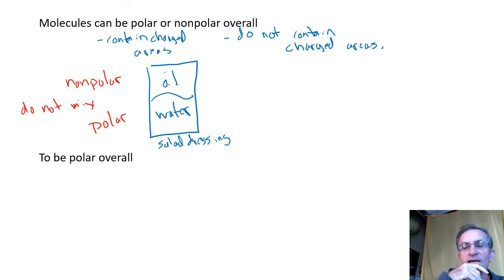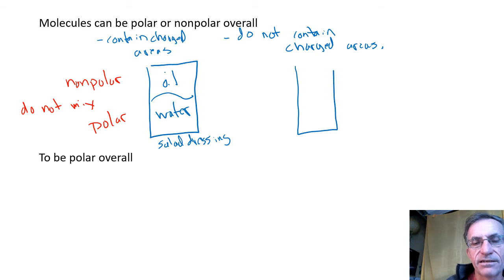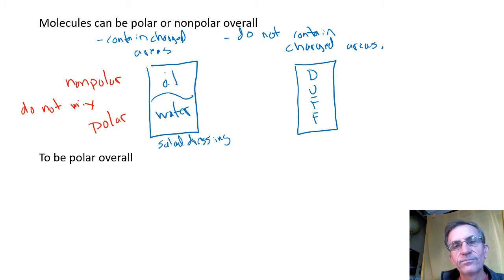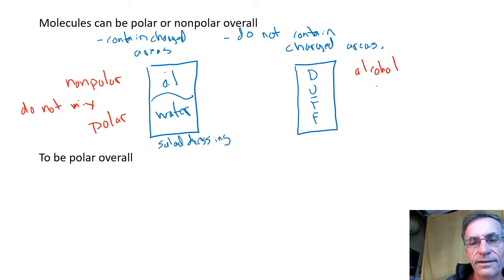All right. So there's plenty of things in the world where two liquids, for example, will mix, and that also has to do with polarity. For example, you might go into your refrigerator tonight, and assuming you're 21, you might get out a bottle of beer, like, I don't know, Duff beer, like Homer Simpson likes. And in Duff beer, there's two liquids as well. There's alcohol and water.